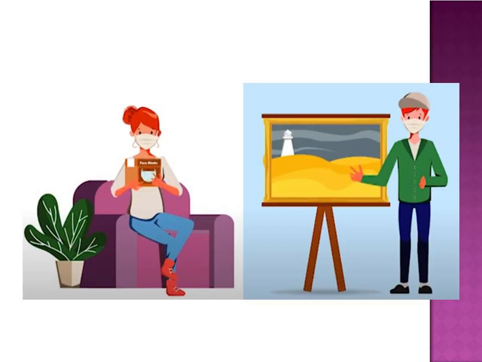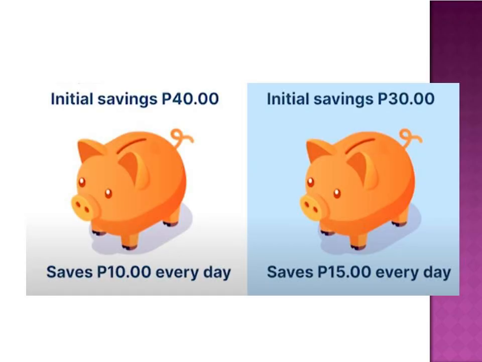Kevin sells paintings he made, while Lena sells face masks. Kevin has an initial savings of 30 pesos and saves 15 pesos every day, while Lena, who initially saved 40 pesos, saves 10 pesos every day.